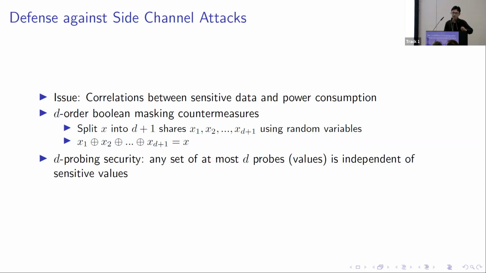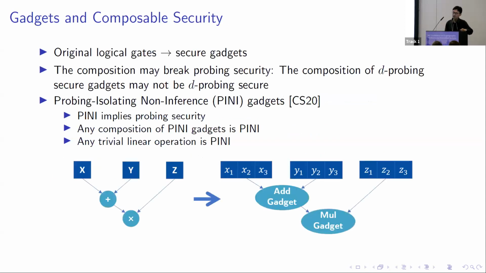So to achieve D-probing security, it is required that any set of at most D probes is independent of sensitive values. In the masking scheme, the original logical gates, such as XOR gates and AND gates, are often transformed into their masked versions. They are called gadgets. They have the same functionality.